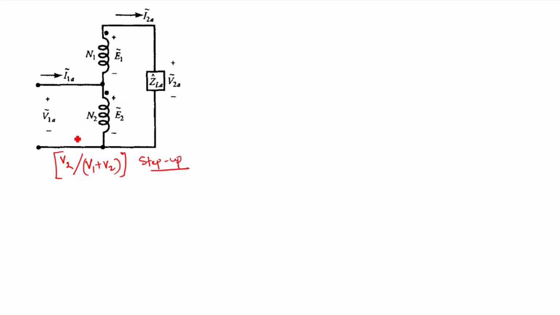Step-up connection. Under this condition we know V1A is equal to E2, or equal to V2, and V2A will be equal to E1 plus E2, which is nothing but V1 plus V2, right?